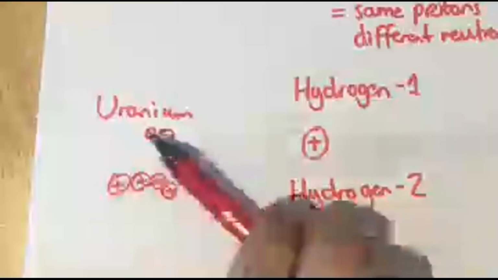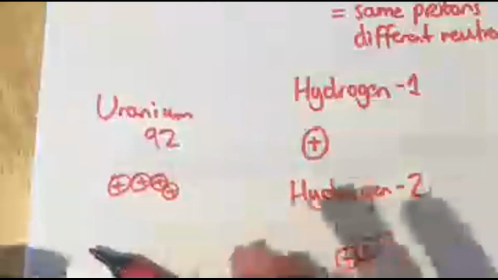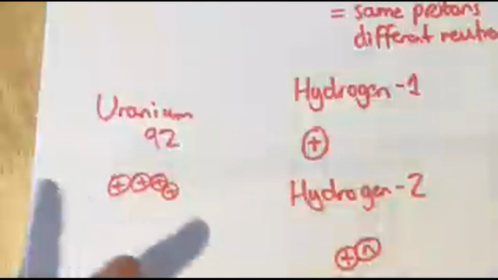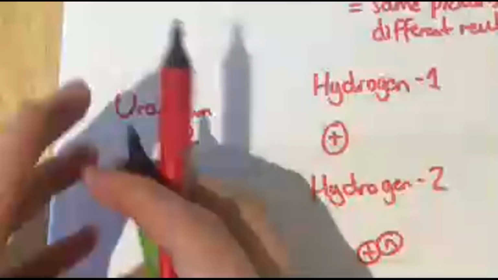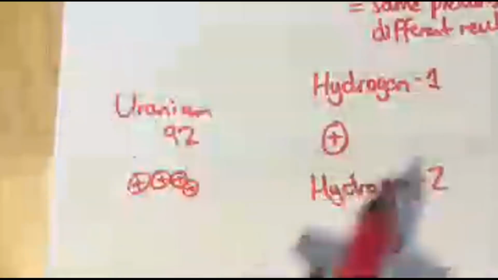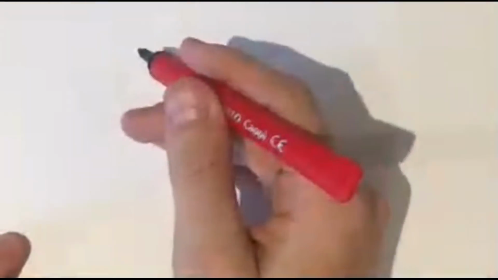What happens is they become what's called unstable, where the nucleus gets so big with so many like charges all shoved in there, they don't like it anymore. So the nucleus wants to decay. So we have unstable nuclei, and they want to be stable again.